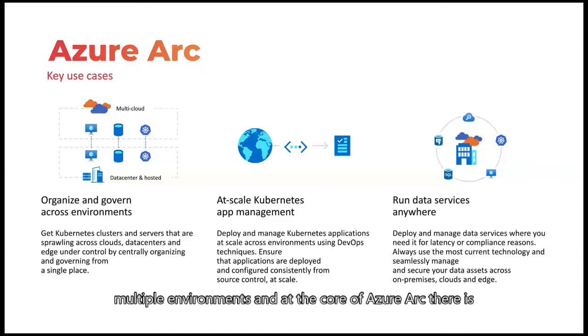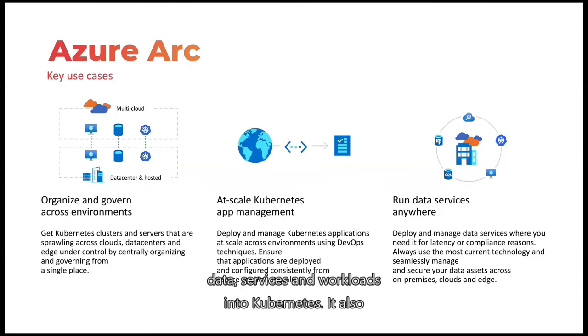And at the core of Azure Arc, there is Kubernetes. And because Kubernetes provides a very reliable infrastructure layer, Microsoft is able to bring the data services and workloads into Kubernetes.